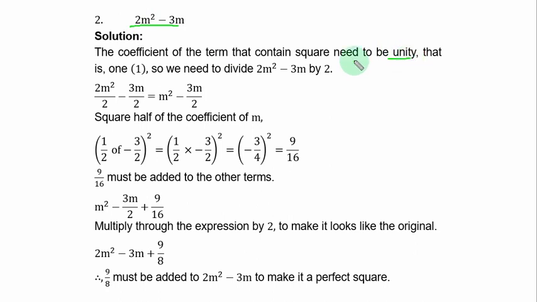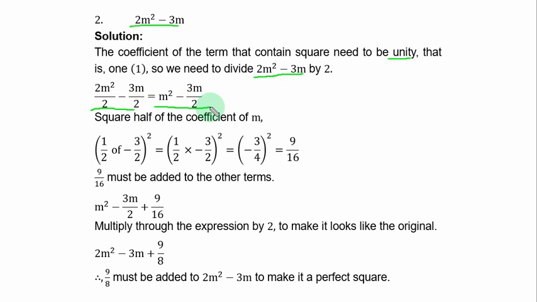So we need to divide 2m squared minus 3m by 2. 2 is not a perfect square. The only way to make that coefficient of m squared a perfect square is to remove 2, and that is possible when you divide through by 2 and you have it in this form. So you have achieved that.